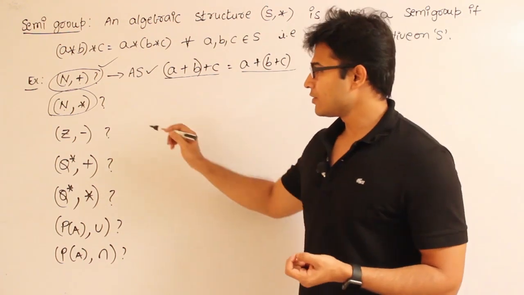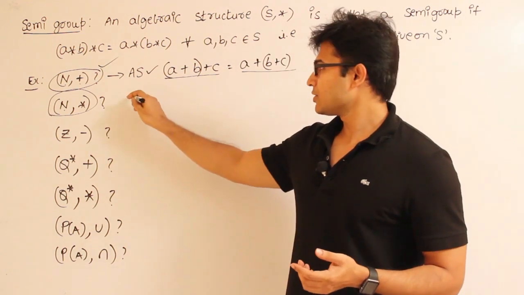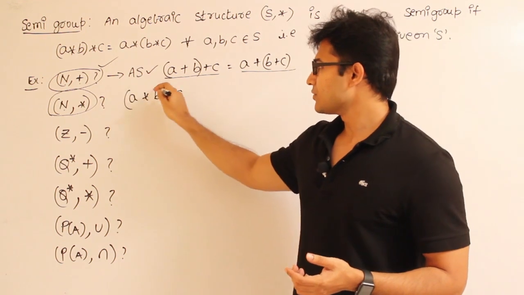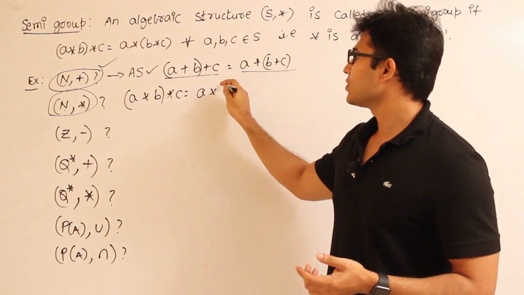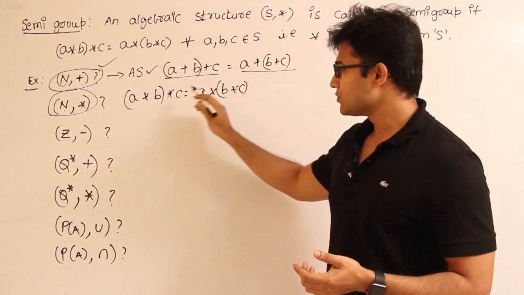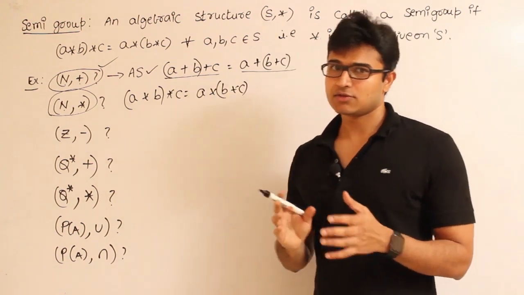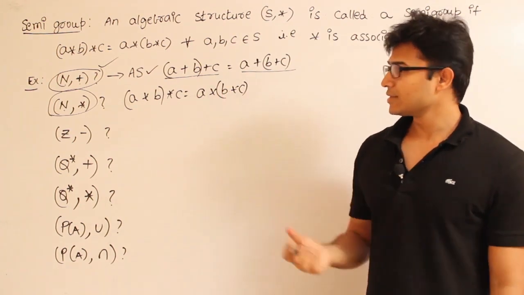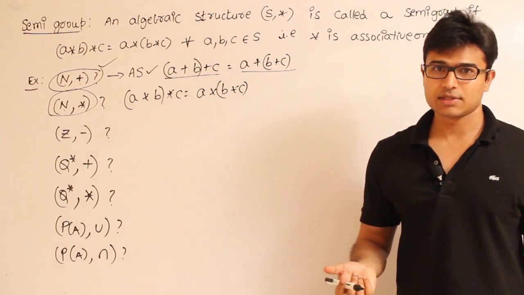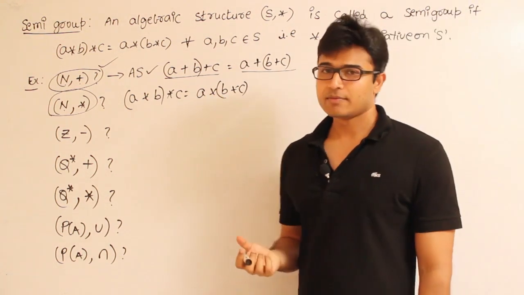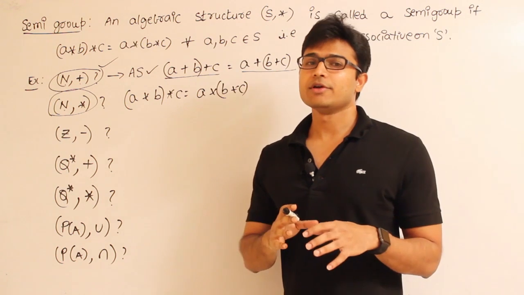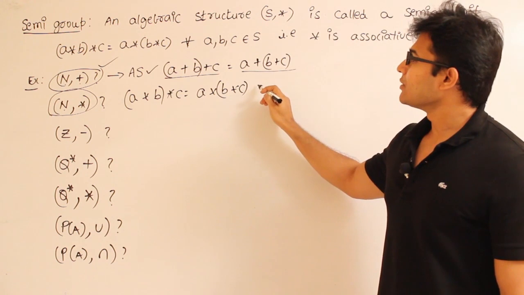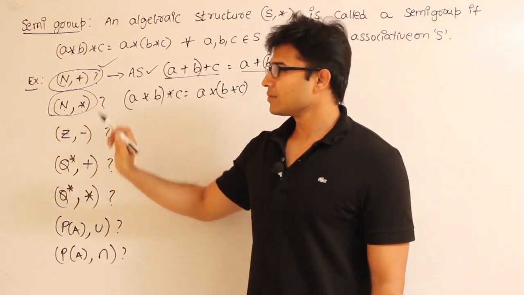The same way, find out whether (A star B) star C equals A star (B star C). If these two are equal, then it is associative, and so it is a semigroup. And in this case it happens to be a semigroup, because if you take any three natural numbers, whatever way you multiply them, the result does not change. Therefore we can say that N with star is a semigroup.